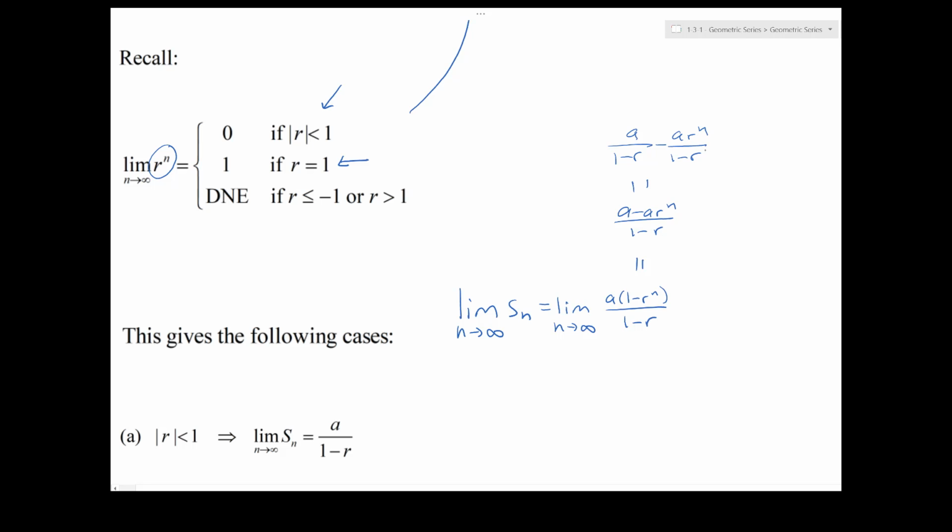So if r has a magnitude less than 1, that second term is gone. You're left with a over 1 minus r. That tells us the series converges if the magnitude of r is less than 1. And more specifically, it converges to the specific value a over 1 minus r. That's great.